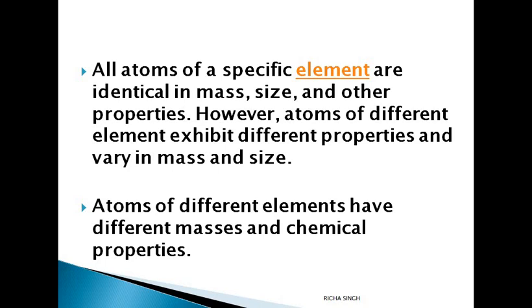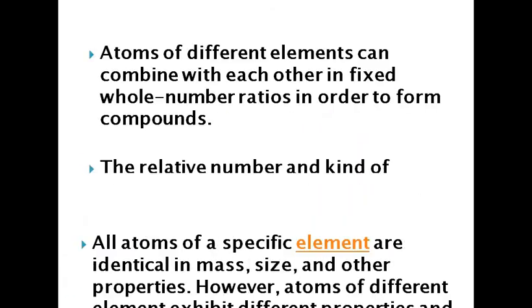The fourth postulate states that atoms of different elements have different masses and different chemical properties. Obviously, hydrogen is different from helium, nitrogen is different from oxygen based upon their physical and chemical properties.